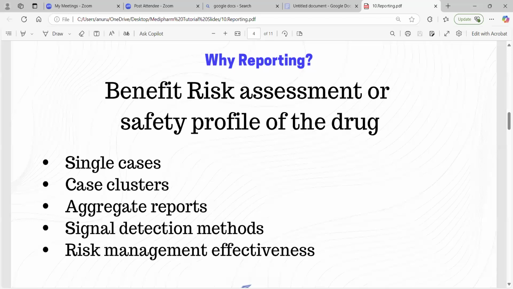This plays a crucial role in the ongoing assessment of the drug's benefit and risk profiling, the whole profiling. How do we do this? By analyzing the safety data in aggregate reports, the regulators and the pharmaceutical companies can assess whether the benefit of a drug outweighs its potential risk or if any safety measures need to be taken.